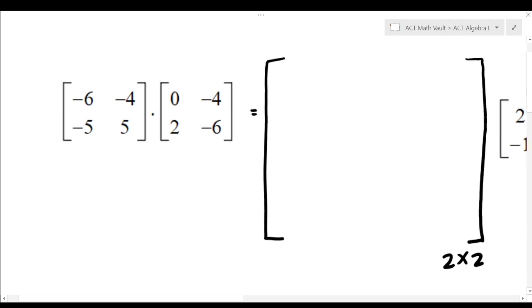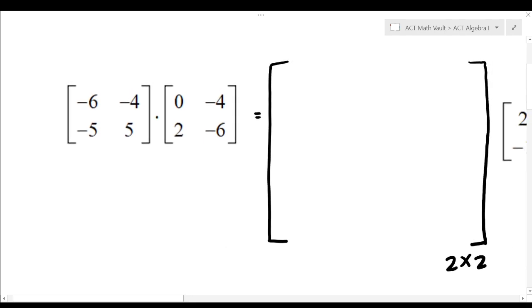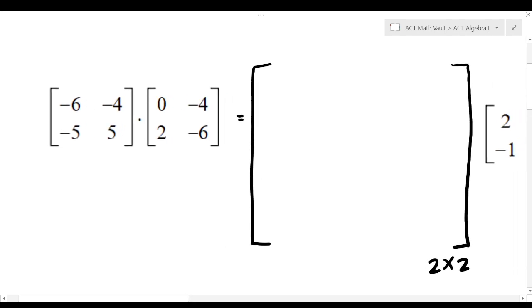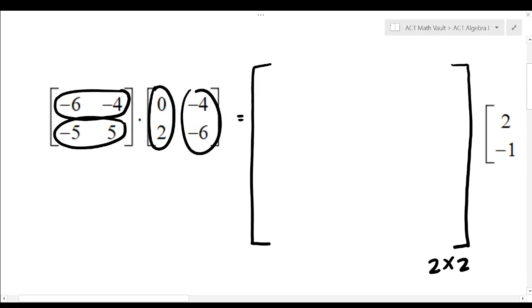Okay, here's the easiest way to explain how to do this process. For the first matrix, you must always group the numbers horizontally. And then in the second one, you always group them vertically. So it's best to think of it like this.